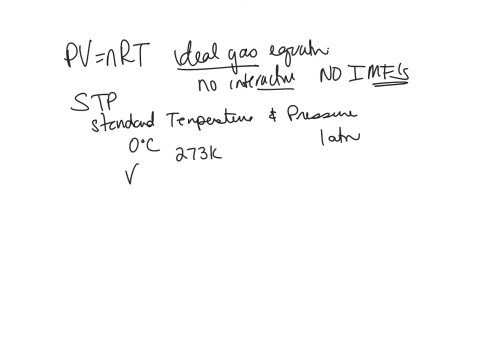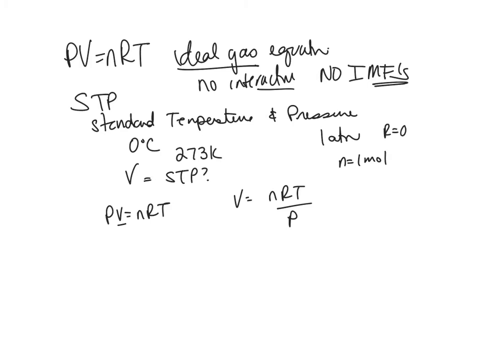And what is the volume at STP? Well, you can solve for that. PV equals nRT. Solve for volume: V equals nRT divided by P. And then plug in for 1 mole of gas. So n equals 1 mole of gas. R is your gas constant, 0.08206 liters atmosphere per mole Kelvin.